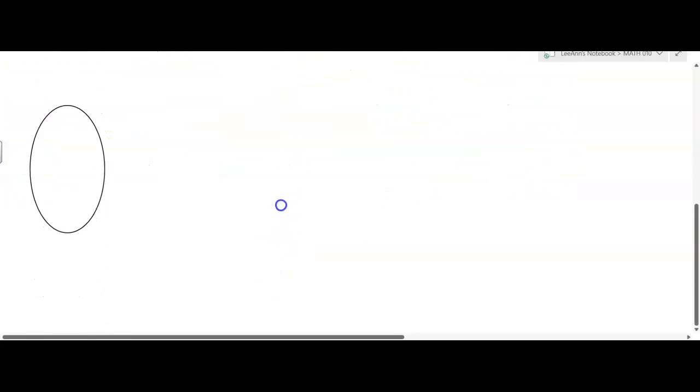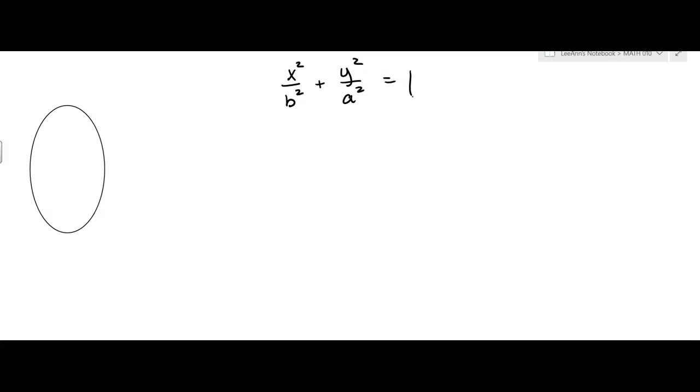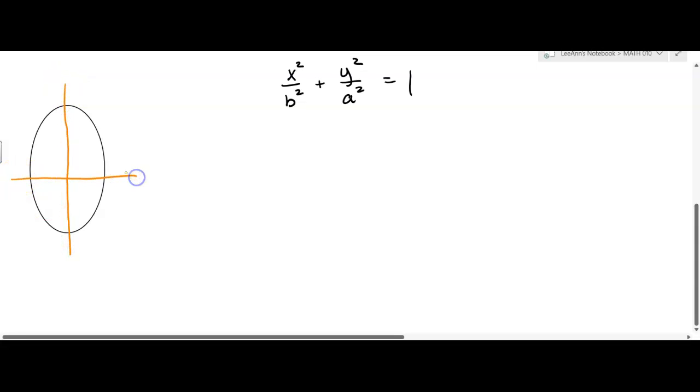So this will go a little quicker. The equation here is going to be x squared over b squared plus y squared over a squared equals 1. It's important to remember that in standard form, these equations equal 1. So now we have the axes going this way. Let me fix that.